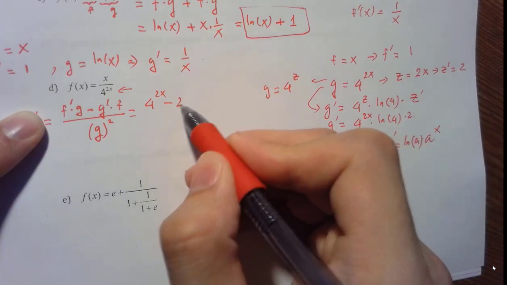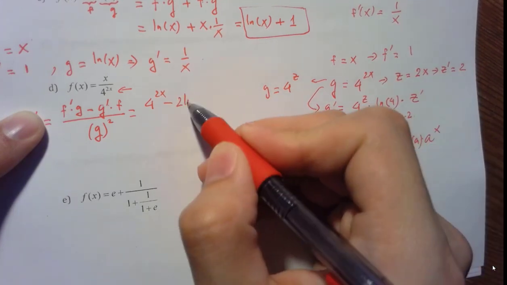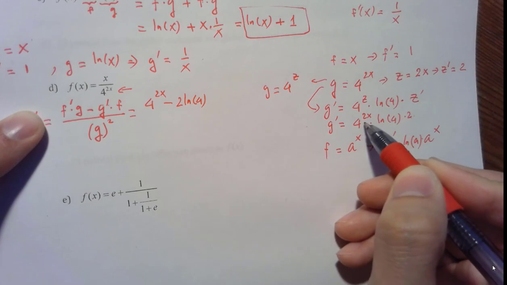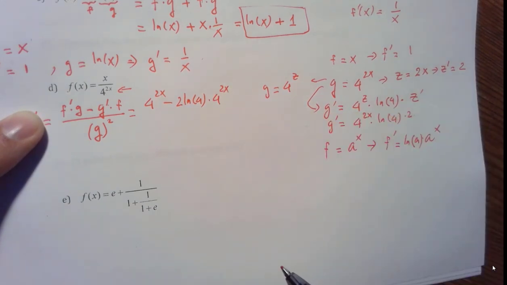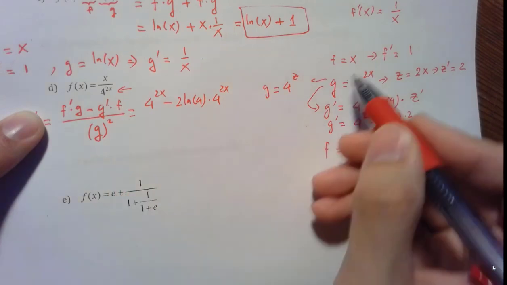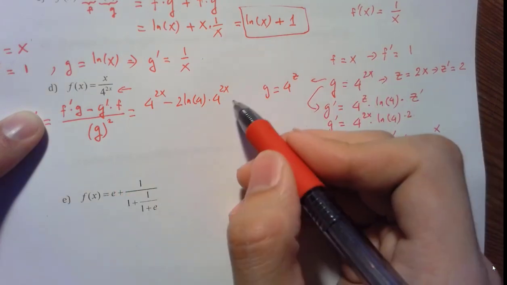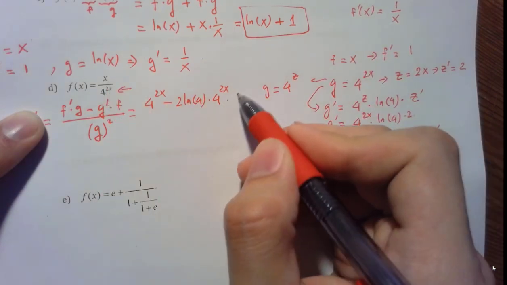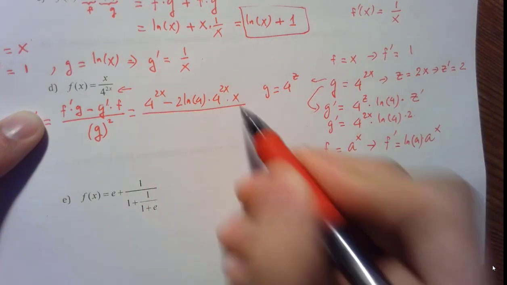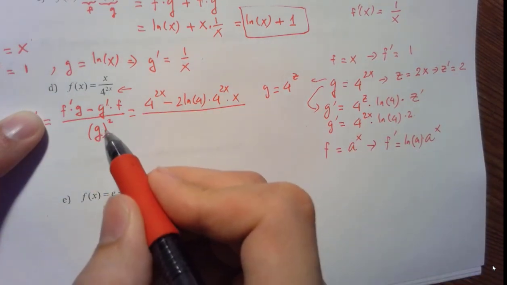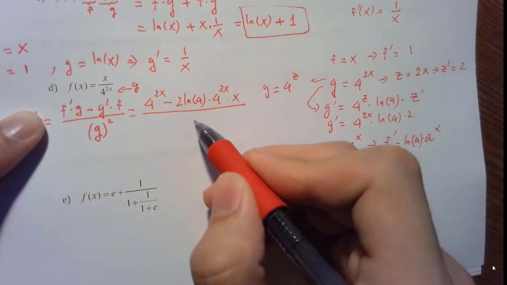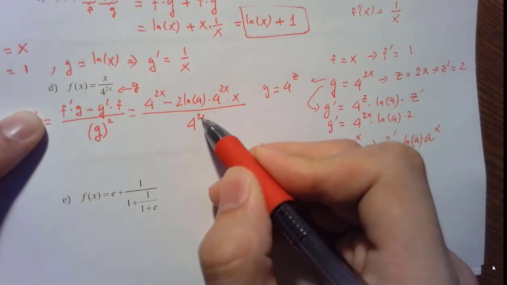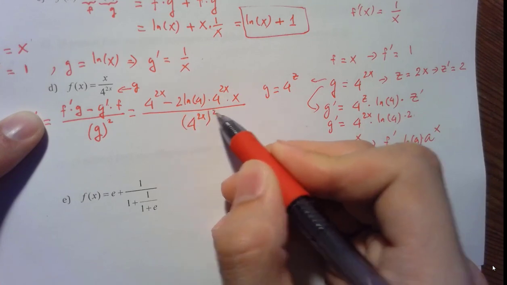So that is 2 ln of 4 multiplied by 4 to the 2x, and then f, which is just x right here. F is the top function, so it's just x, and then over g squared, the original function g, which is the bottom function, 4 to the 2x, the whole quantity squared.